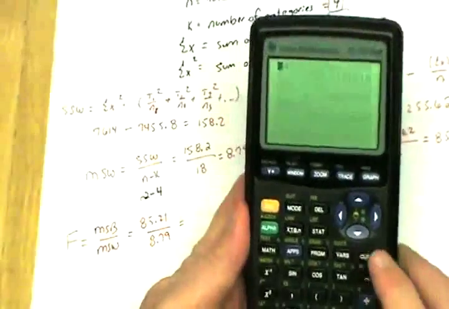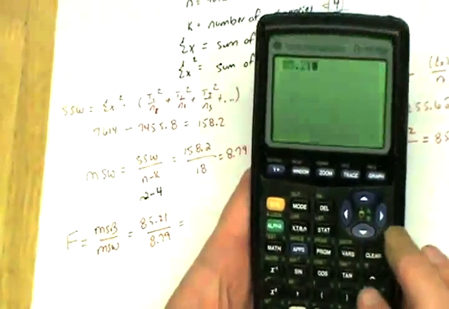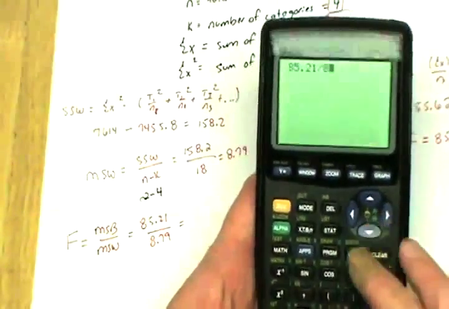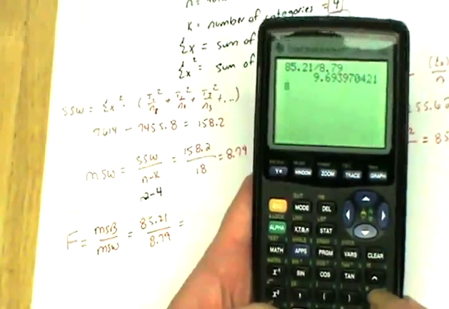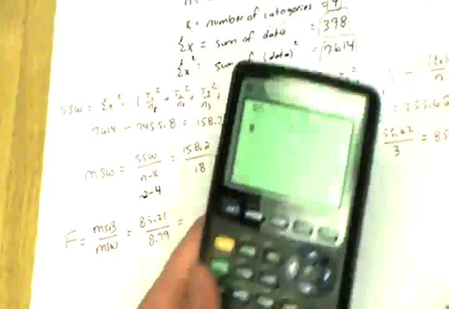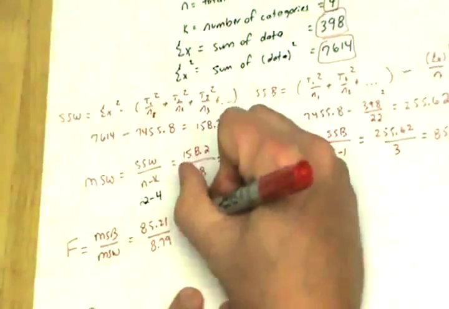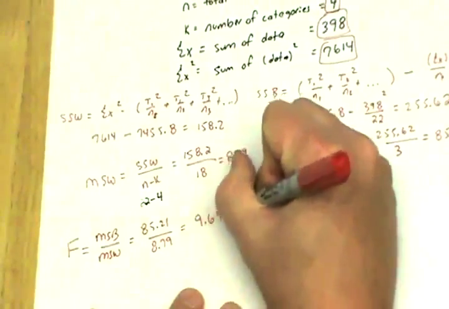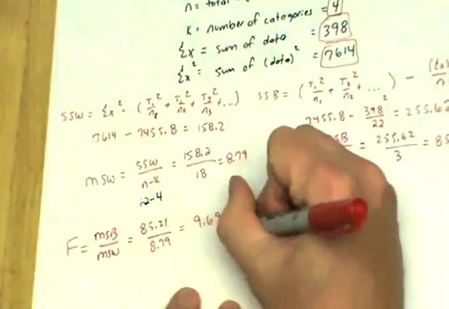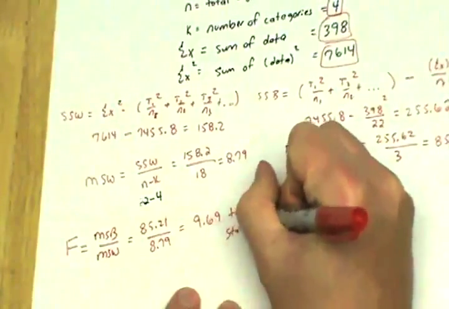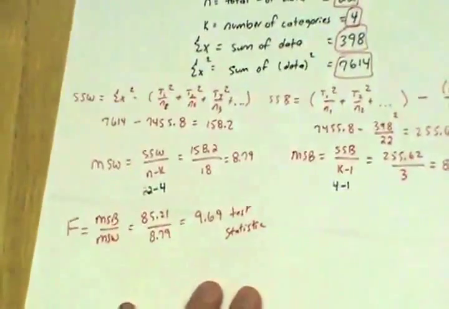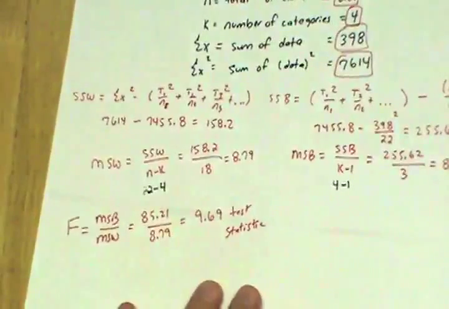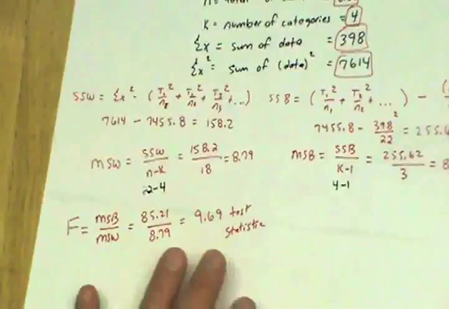In our calculators, 85.21 divided by 8.79 is 9.69. That is our value for F, and that is our test statistic. That's the value we're going to put in our chart to determine if we accept or reject H0.